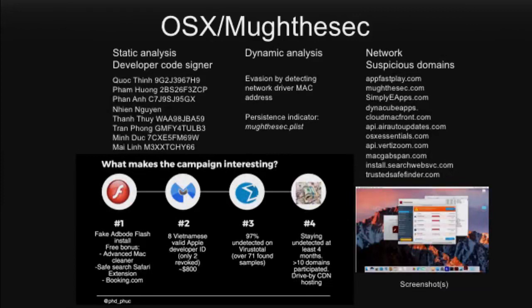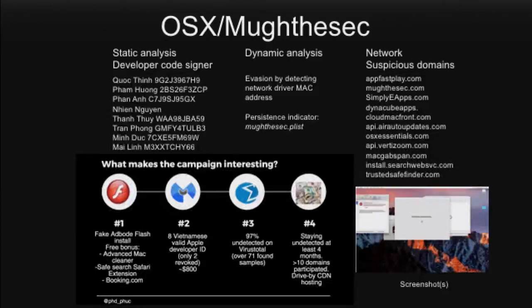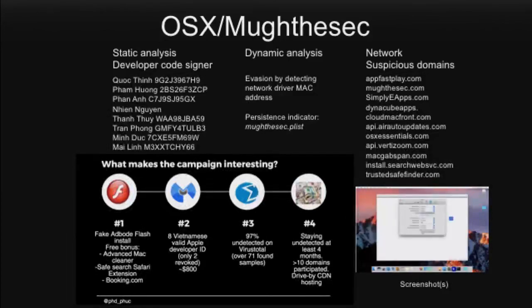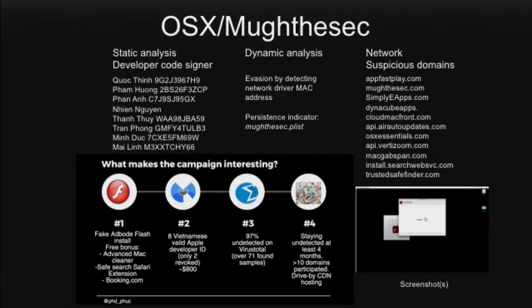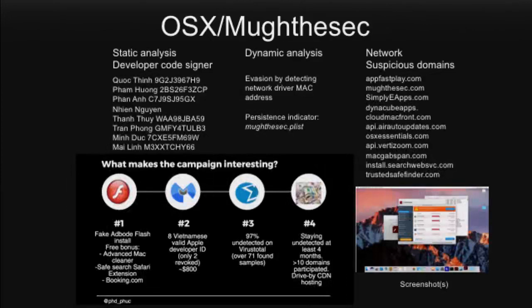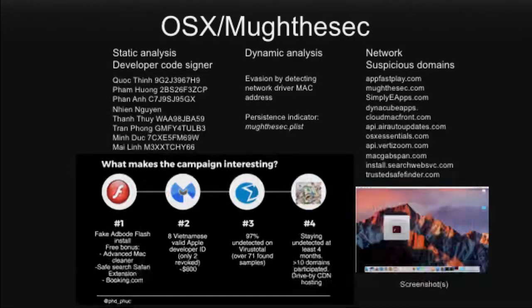We noticed suspicious behaviors, such as the malware trying an evasion technique by detecting the network driver MAC address to see whether you're running on a physical machine or a virtualized machine. Also, we noticed a signature where they plant a persistent indicator, namely mugdasec.plist.